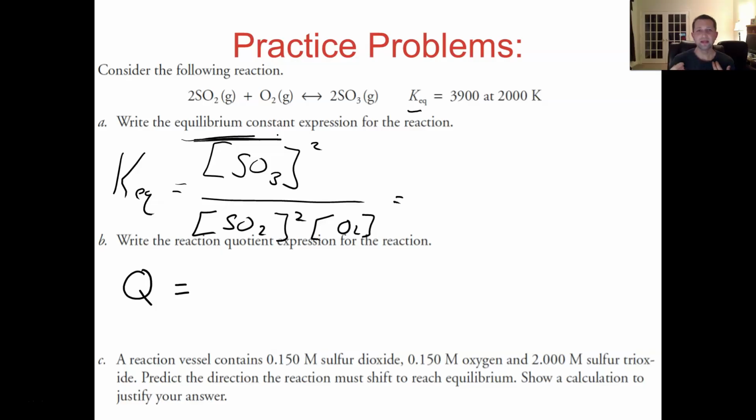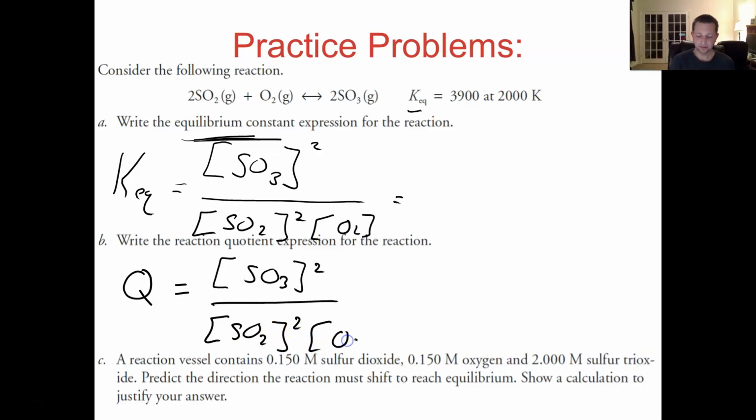Q is at any point in time during your chemical reaction. So Q is equal to products over reactants. Same thing: SO3 squared over the concentration of SO2 squared times the concentration of O2.